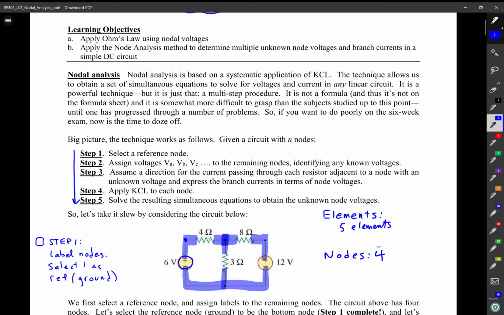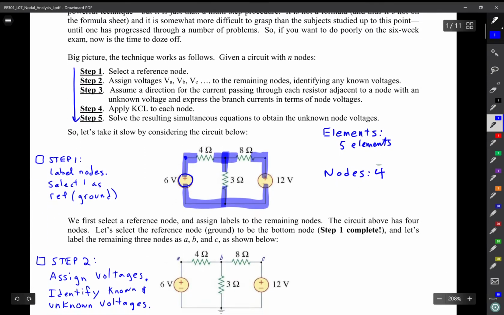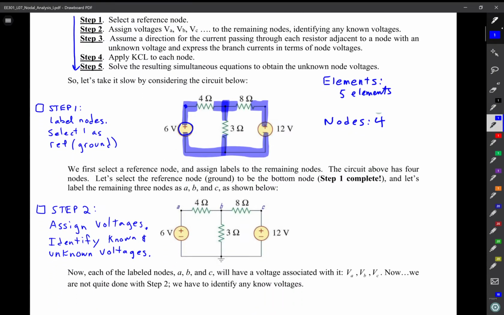Okay, now that we've discussed the definitions of elements and nodes, let's follow through with the steps 1 through 5 to solving a circuit using nodal analysis. The first step is to label the nodes. Okay, so just as we've shown above, I have node A between the 6 volt and the 4 ohm resistor.